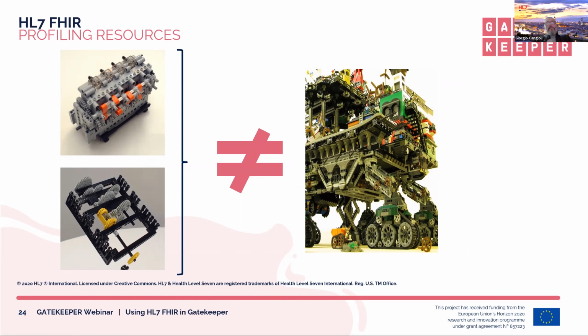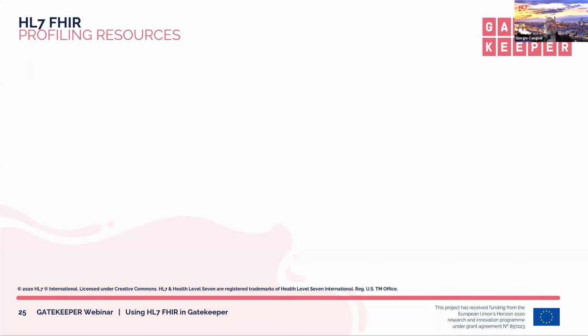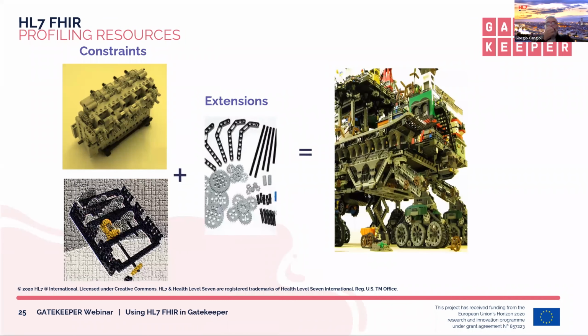That's the reason why the FHIR standard conceived the idea of constraining, meaning adapting the resource to a specific use, and to extend, so defining a way to add new things, maybe a new element, maybe a new data type. Also, you can include a block of information, and you can use these constrained resources plus extensions to achieve your goal.